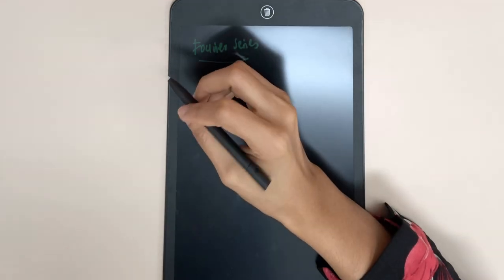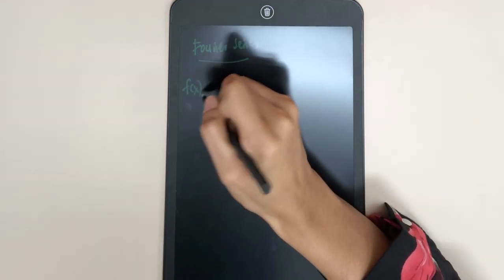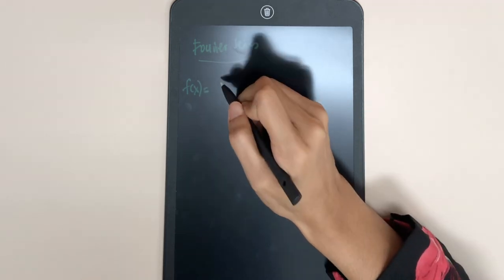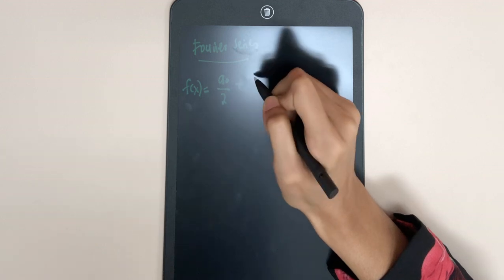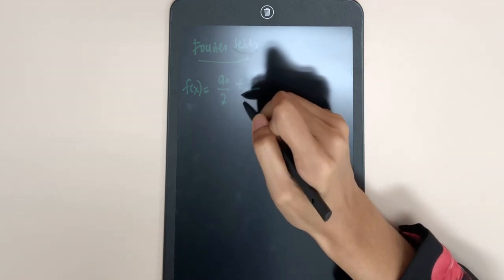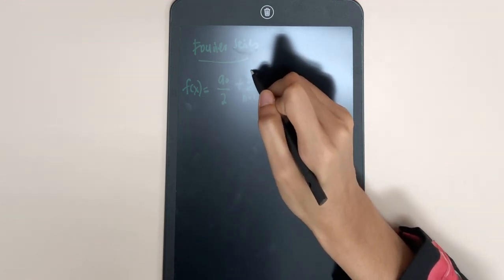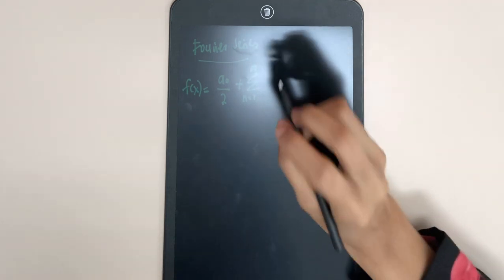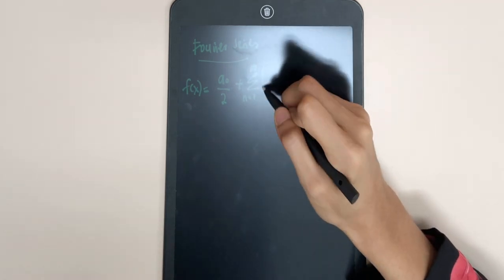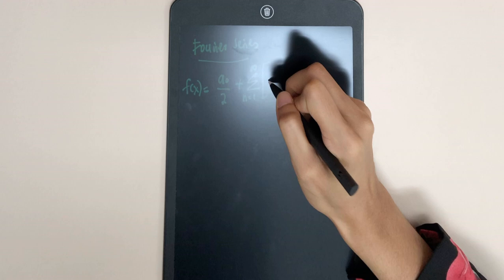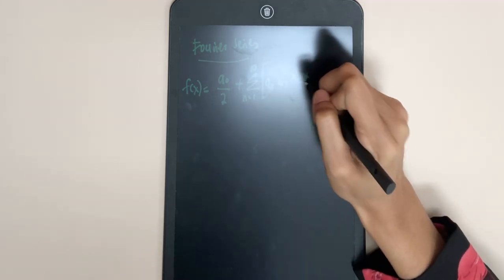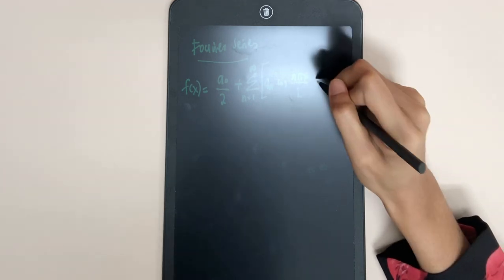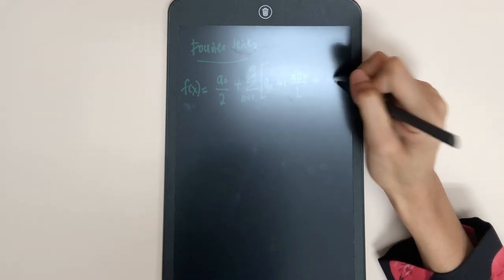The general formula for the Fourier series gives you f(x) equal to a0 over 2 plus summation n equal to 1 until infinity, the symbol of infinity. And then in the bracket we have an cos(n pi x over L) plus bn.